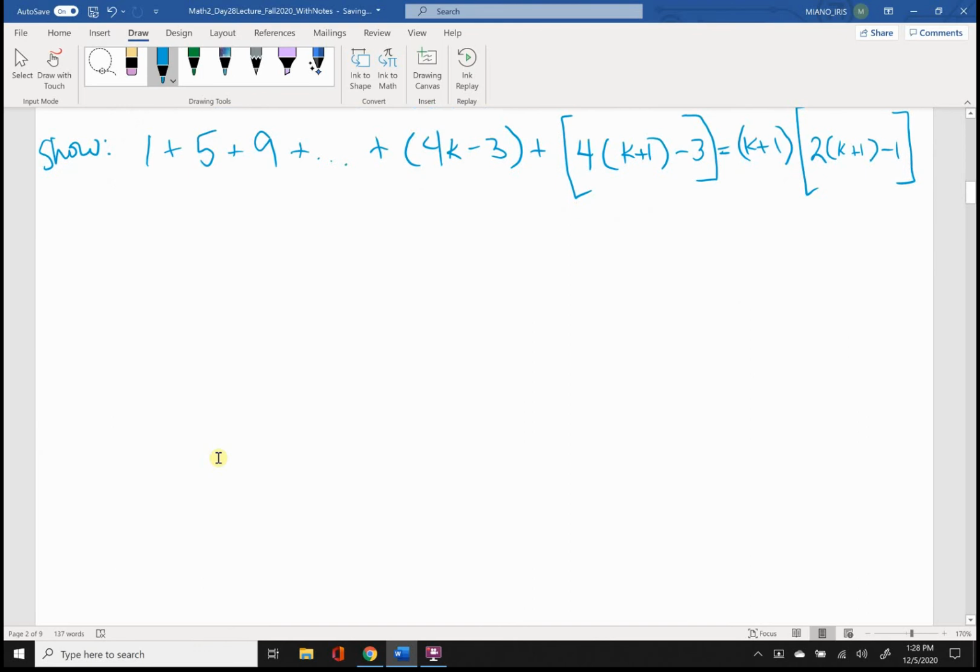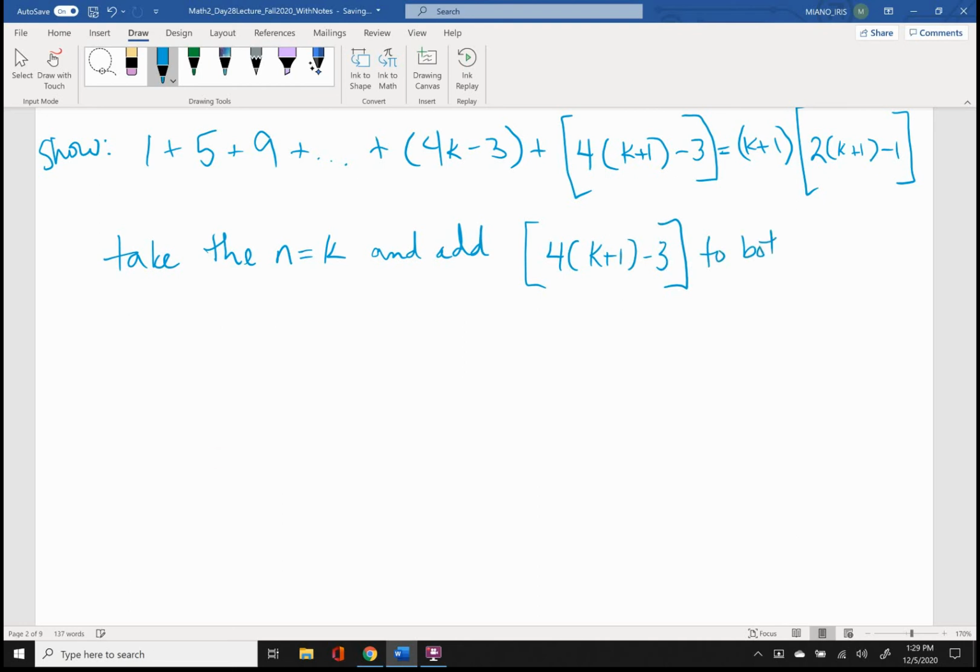What you'll want to do is take the n equals k case that we're assuming is true and add the k plus first term to both sides, which specifically for this relationship is 4 times the k plus 1 minus 3 to both sides.